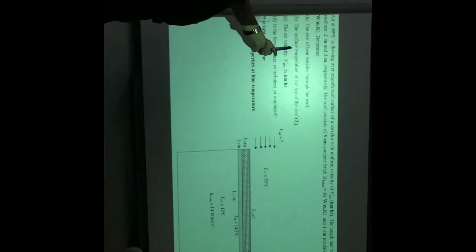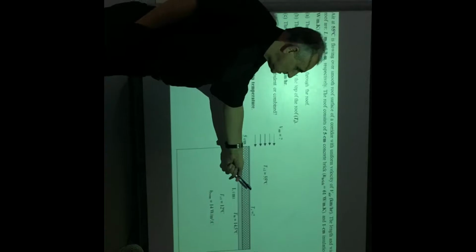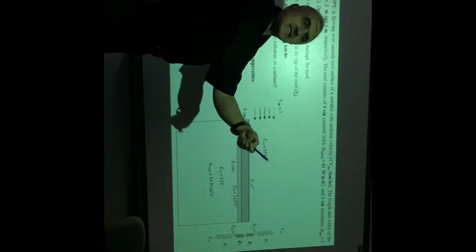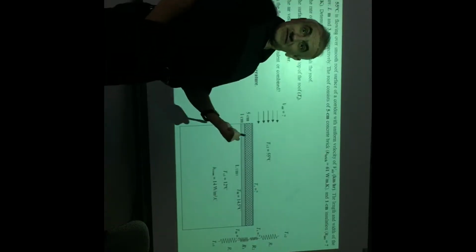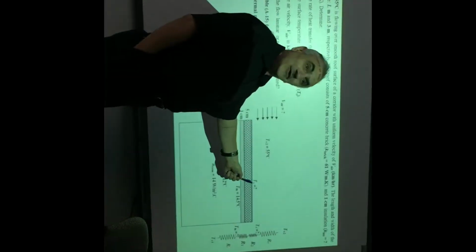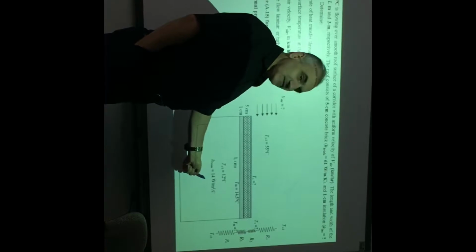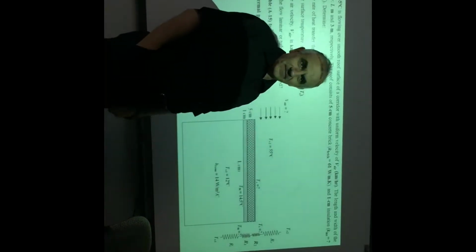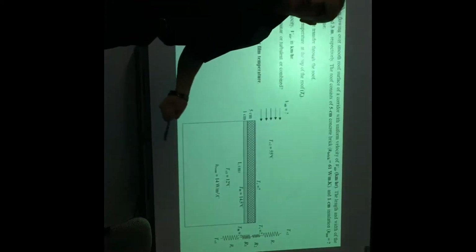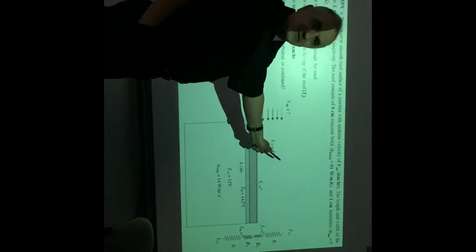The second part: find the surface temperature at the top of the wall. Apply the same relation, Q equals delta T over resistance. Now Q is known and T surface is unknown. So T surface minus T fluid is in the numerator, and in the denominator the resistance between them. All the resistances are also known, because the only information you miss is the outside, not the inside.